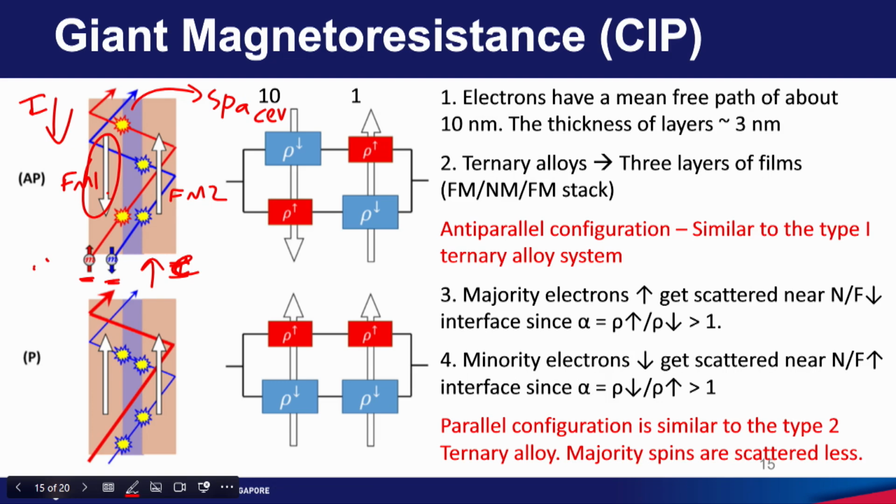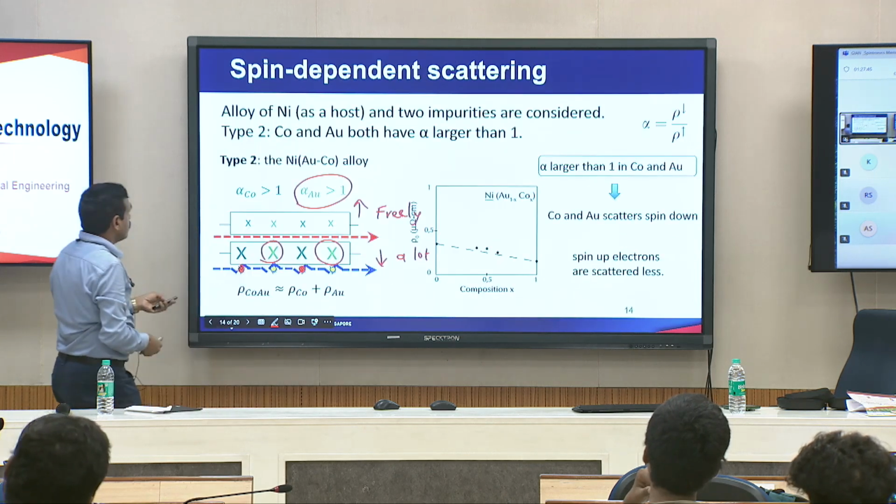Similarly, this electron is majority here because these two magnetic moments are parallel, but when it goes to the other layer it is minority, and it gets scattered. So, when the magnetizations are anti-parallel, whichever type of electron you have, it is minority in one of these two layers. So, both electrons will get scattered.